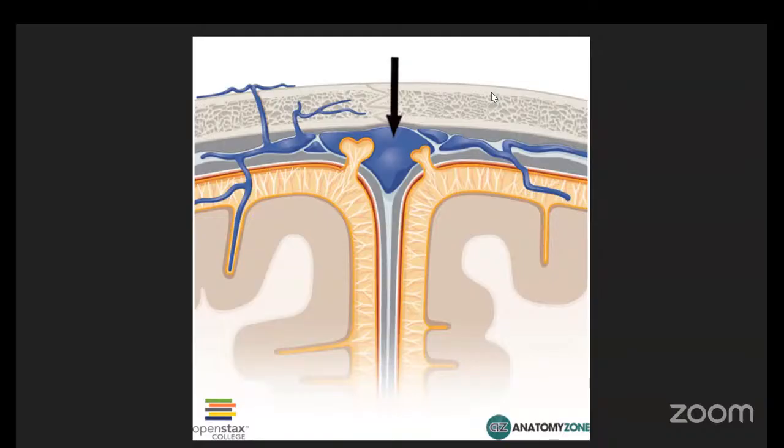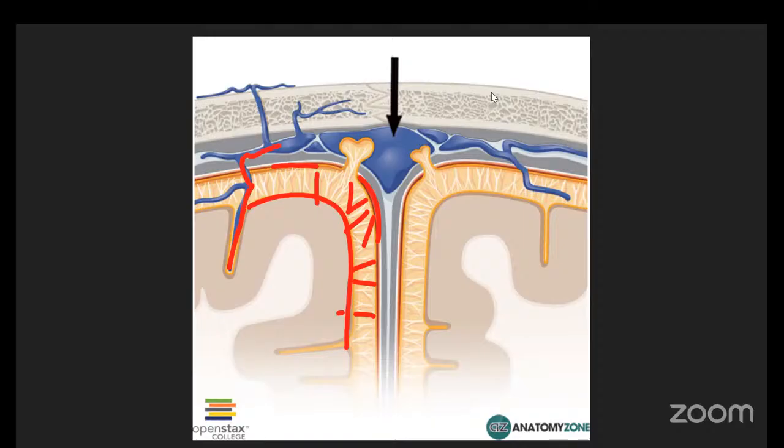Let me mark this. We have the cortical surface here, then the pia, then the arachnoid. Between them we have the arachnoid bridges, the space where the vessels run. Then you see these cortical veins going up and terminating into these dilated bluish structures surrounding the superior sagittal sinus.